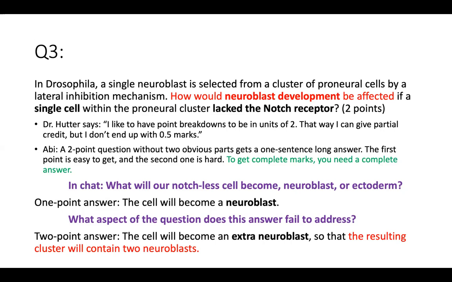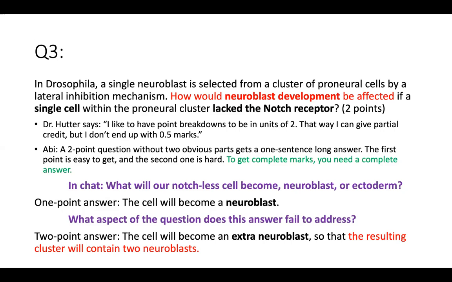So in clusters, isn't it supposed to be that the cell that has the runaway production of ASC to block Delta and Notch can become the neuroblast? Mm-hmm. So in an instance, if you compared epithelial cells, proneural cells, to a proneural cell that lacked the Notch receptor, wouldn't that one just become the neuroblast in the cluster?